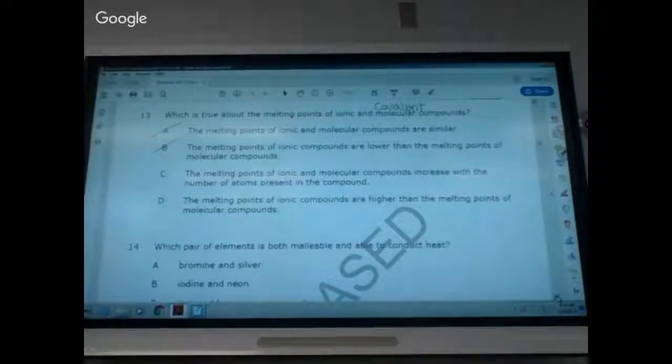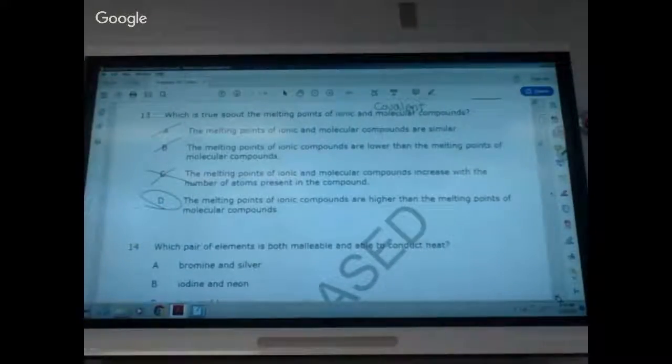Yeah, I almost chose it. Please, please, please do not pick answers based on stupid reasons like that. If it sounds like something we never talked about, we probably shouldn't pick it because it's not right. All right. The melting points of ionic compounds are higher than the melting points of molecular compounds is the answer.